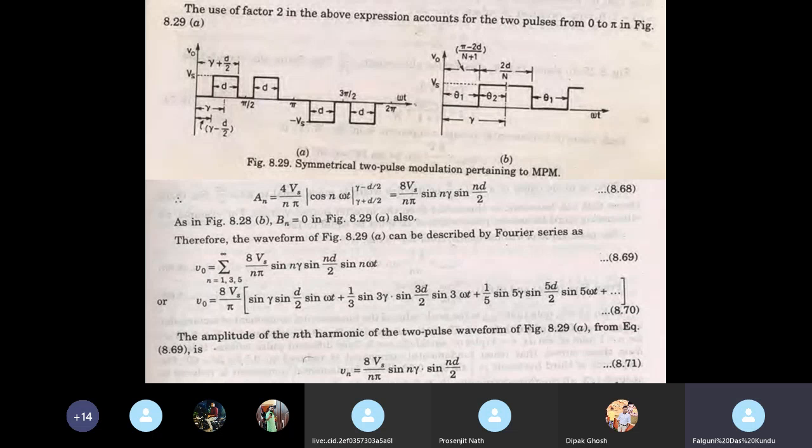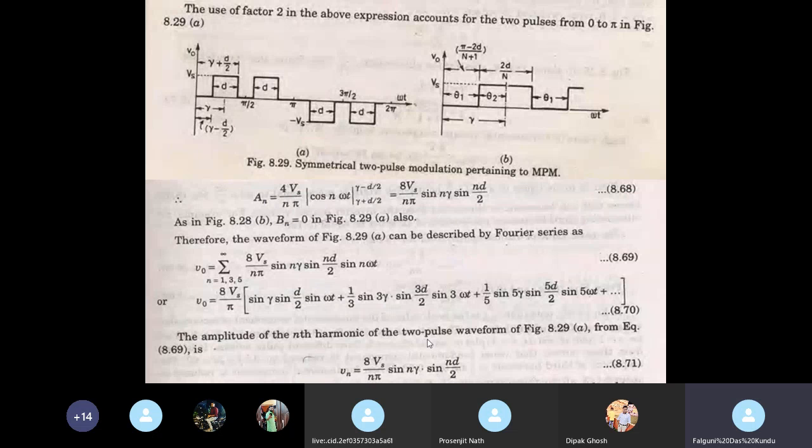For simplicity, we use two symmetrical pulses, okay? This is for one cycle and this is for the other cycle. So if we get the Fourier constants, we get this value, okay?